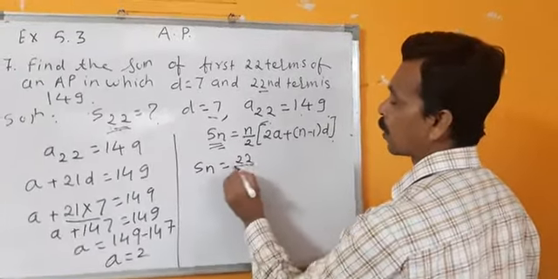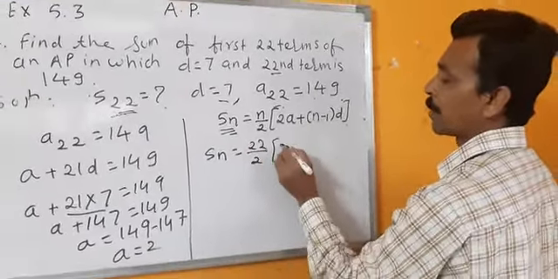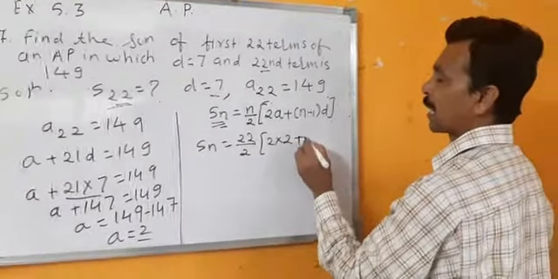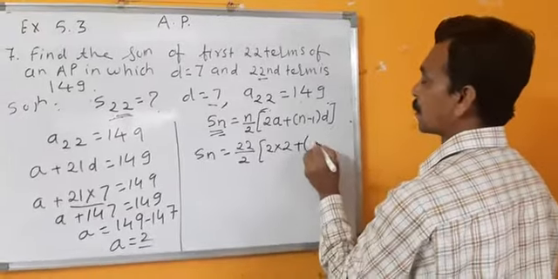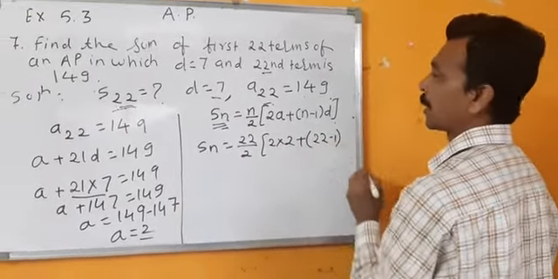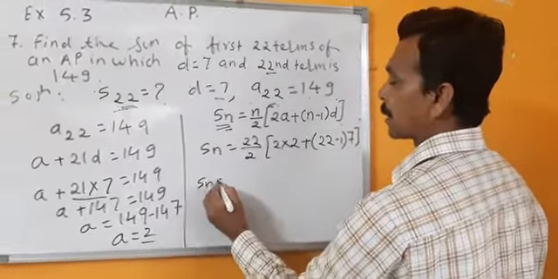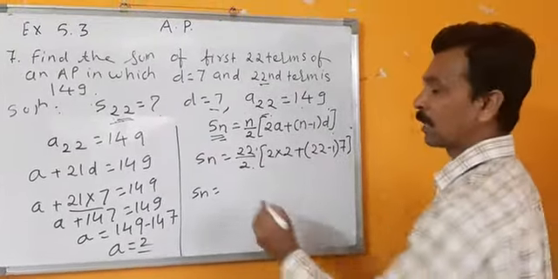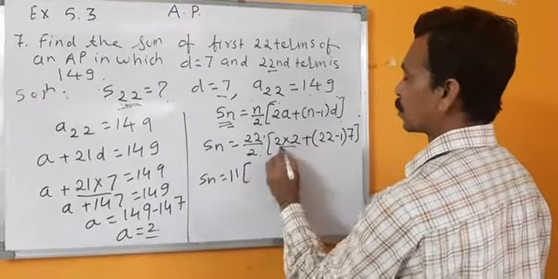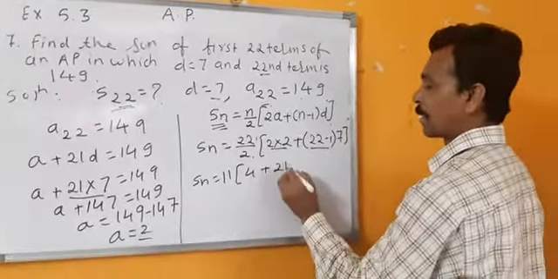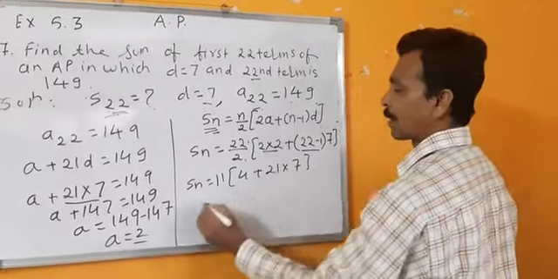So it is 22 upon 2 into 2a, means 2 into, what is the value of a? 2. Plus n is 22 minus 1 into d is 7. What is 22 upon 2? 11 into 4 plus 22 minus 1 is 21 into 7.